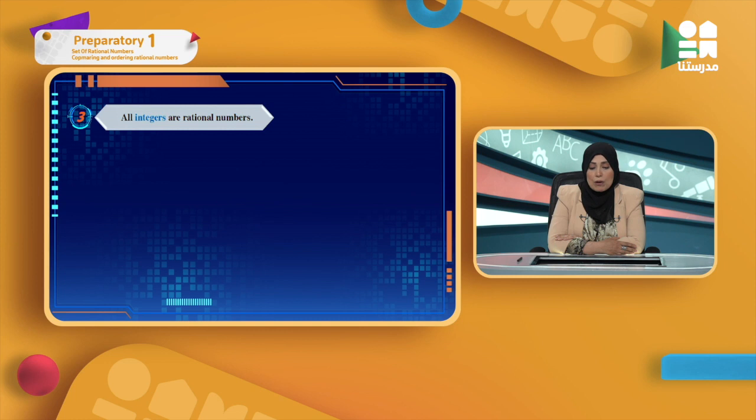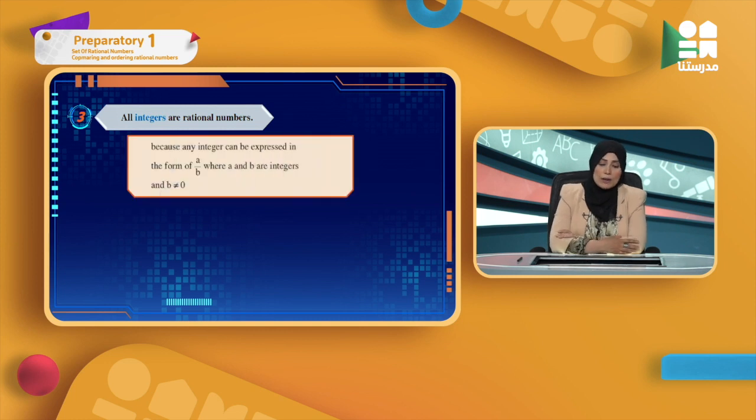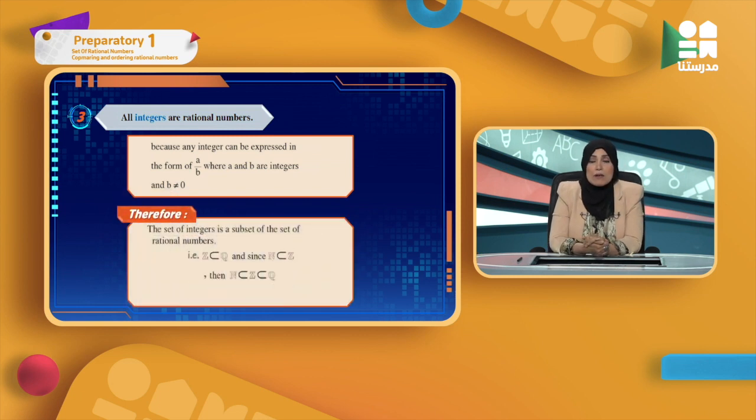The third hint is that all integers are rational numbers. All integers. Who can remind me what is the meaning of integer? Integer means any number that can be positive, 0, or negative. And I can write any number of them over 1 because none of them has a denominator, and in this case, we can write it over 1.